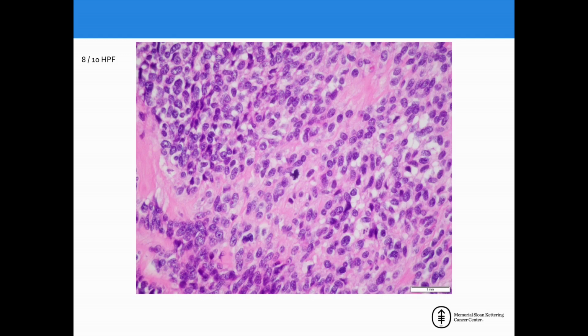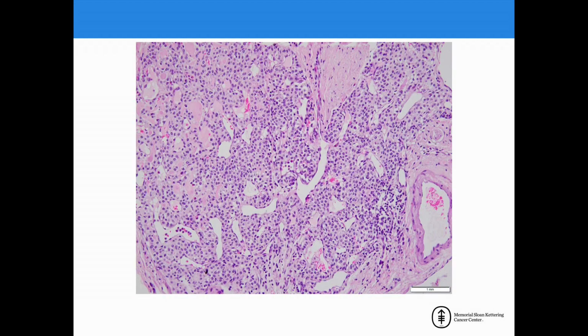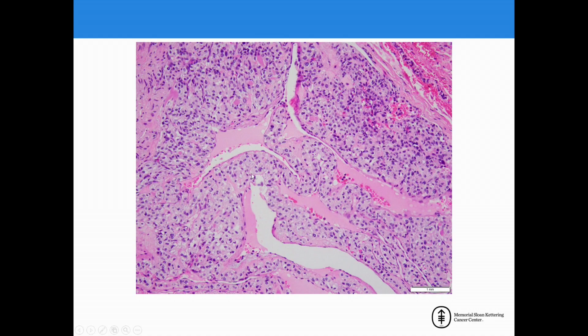We counted up to 8 per 10 high power fields in terms of mitoses, at most. And very focally at the periphery, there were some areas with an increased vascular pattern, like here. Similar cells, though, with this vascular pattern.